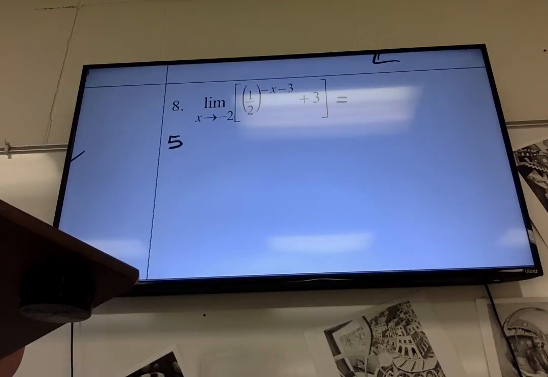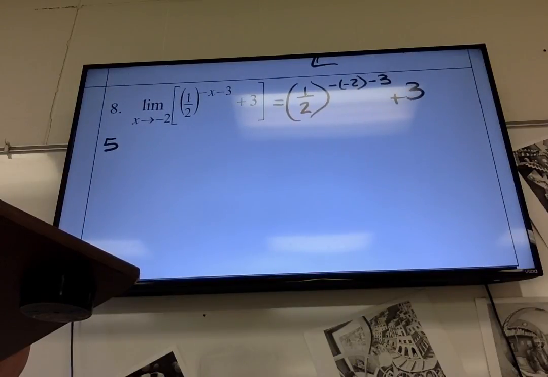I plug in -2, so it's 1/2 raised to the -2 minus 3 plus 3. So negative of -2 is 2. Minus 3 is -1, plus 3.